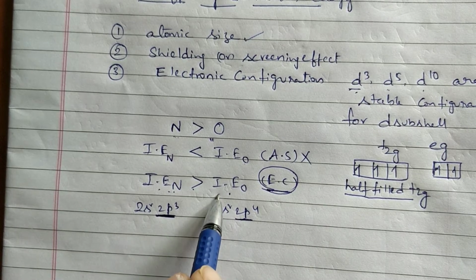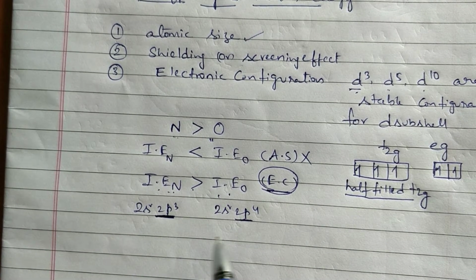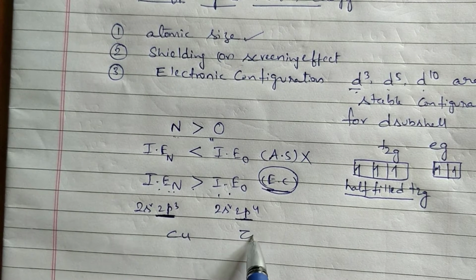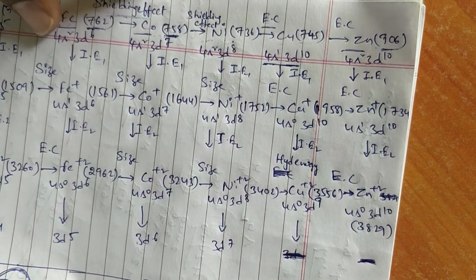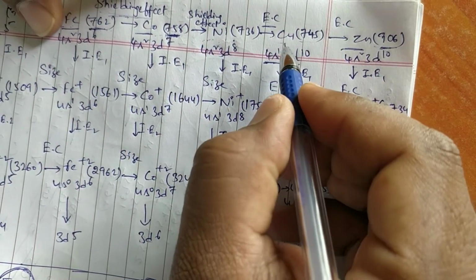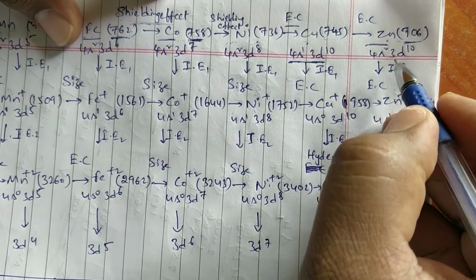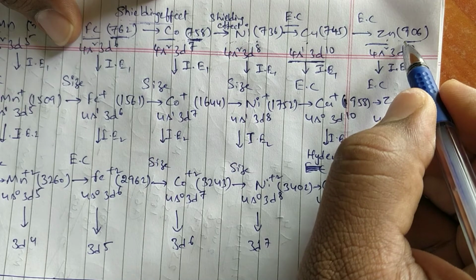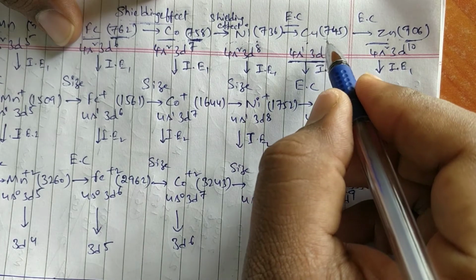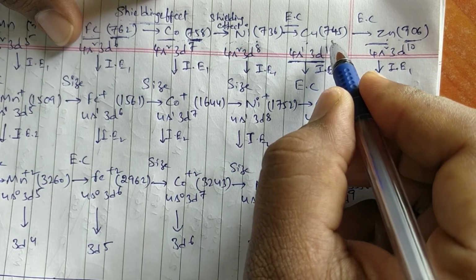Like this, we can compare copper and zinc also. Now let us concentrate on copper and zinc. What is the ionization energy of zinc? 906. What is the ionization energy of copper? 745.